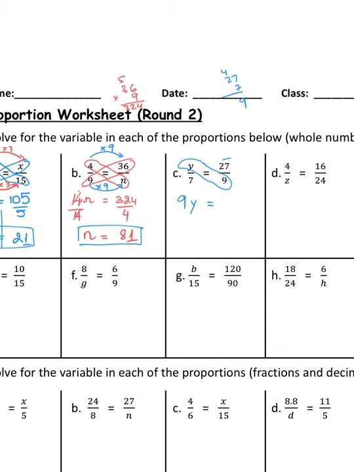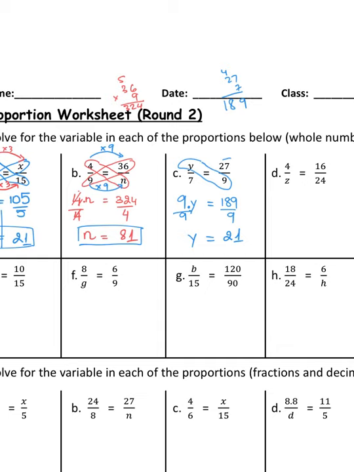Add 4 is 18. 189. Okay, the inverse of multiply will be divide. So I divide by 9 on both sides. So 189 divided by 9, I got 21.